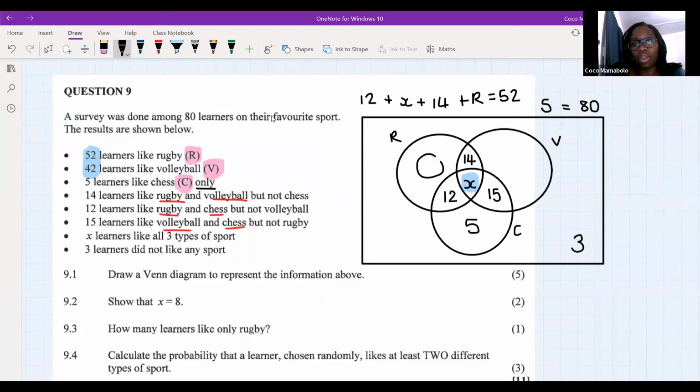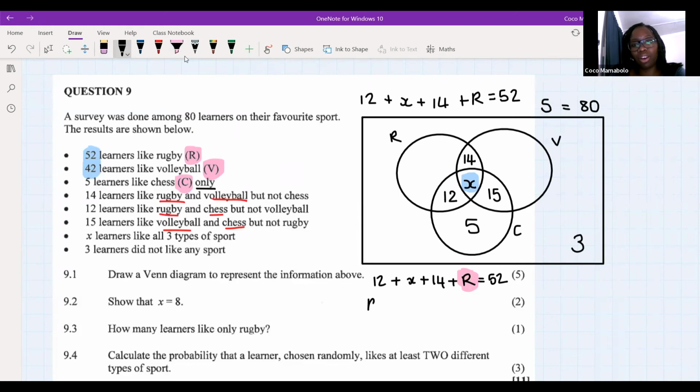Okay. So what's going to happen, or maybe let me write it down here so it's not so messy. 12 plus X plus 14 plus rugby is equal to 52. But now, because I want to figure out what rugby is, what I'm going to do is have rugby be the subject of the formula, and I'm going to move everything over to the other side.